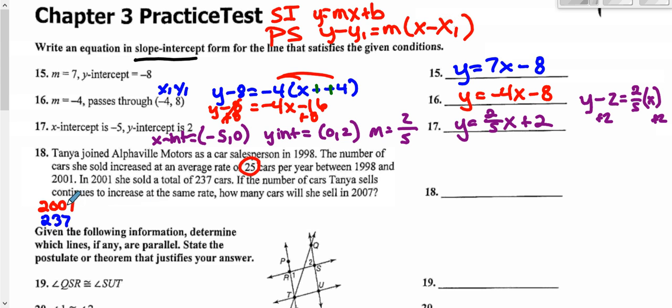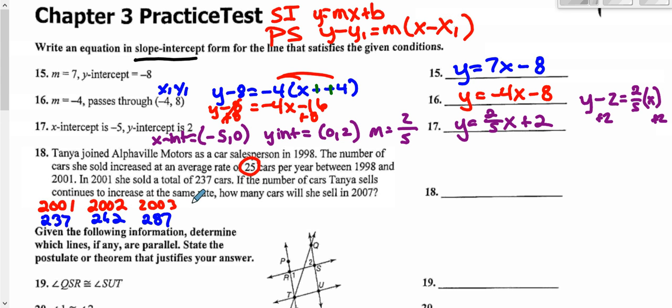So if we go ahead and take this and add 25 in 2002, you're going to have a total of 262. And let's go to 2003. And we get 287.